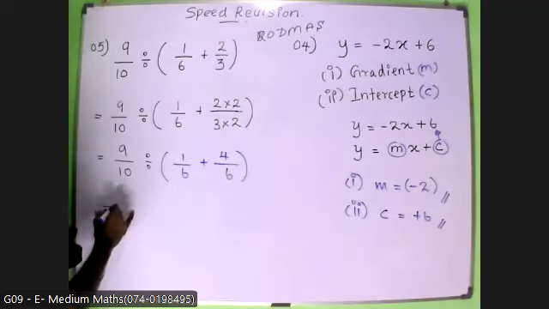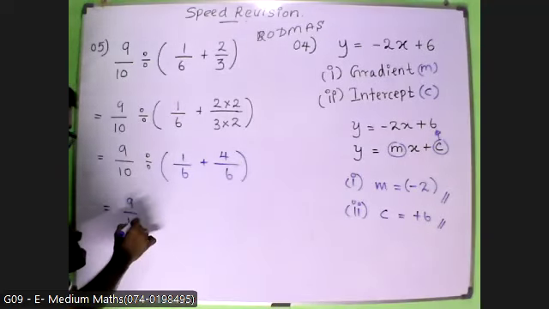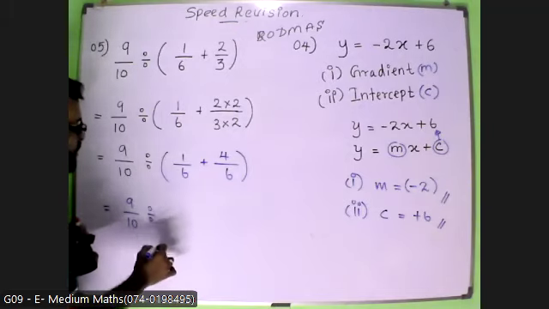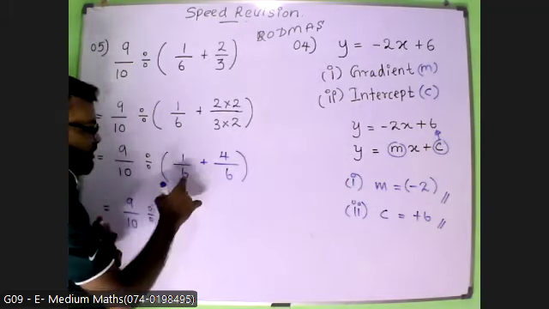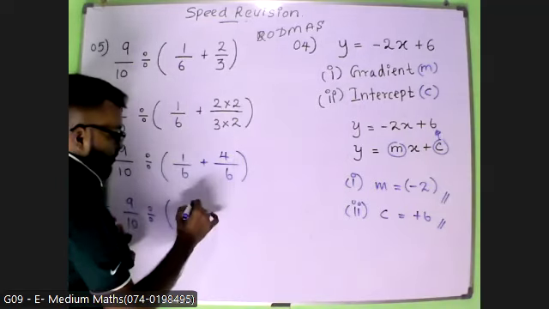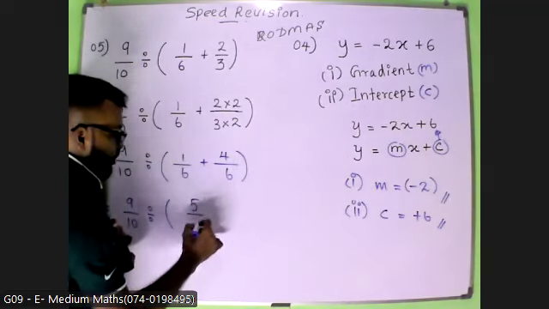Okay. So equal mark 9 upon 10, division mark. Then here you have 1 plus 4 in the numerator, 5, denominator 6.